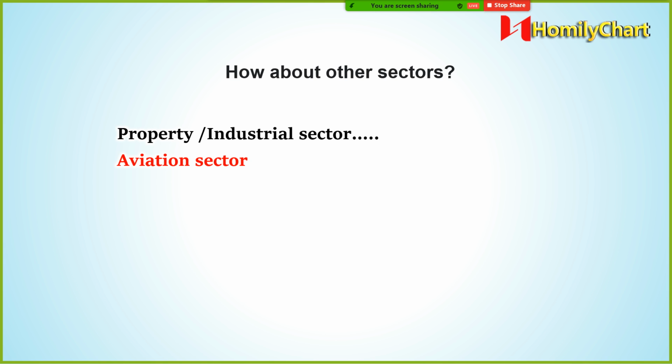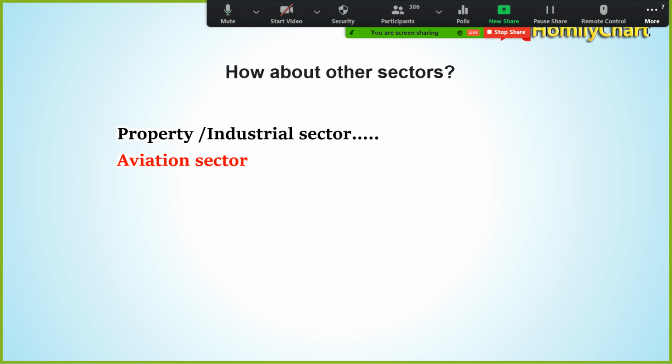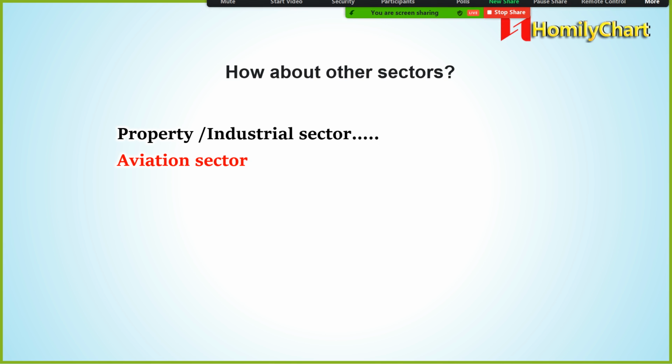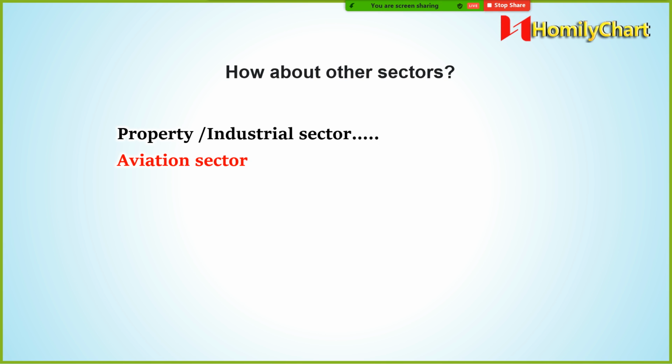Okay, so I think we should know the property and industrial, we can maybe get some potential, but the airline company, I think if you have another choice, better not to touch. Maybe this year drop, next year also drop, because I think the recovery is not so easy, it needs a lot of time. So that is my personal advice.